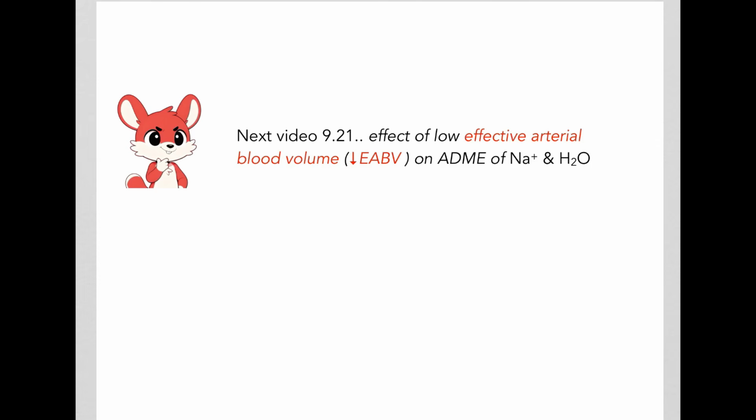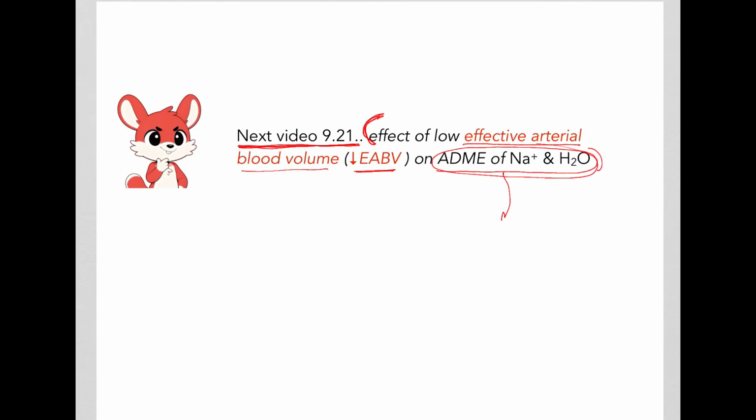In the next video, we are going to start laying more and more foundations to understand hypo and hypernatremia. And this one is very, very important. We will see how low blood volume, what we are going to call effective arterial blood volume, or EABV, is going to affect the life story of sodium and water in your body.